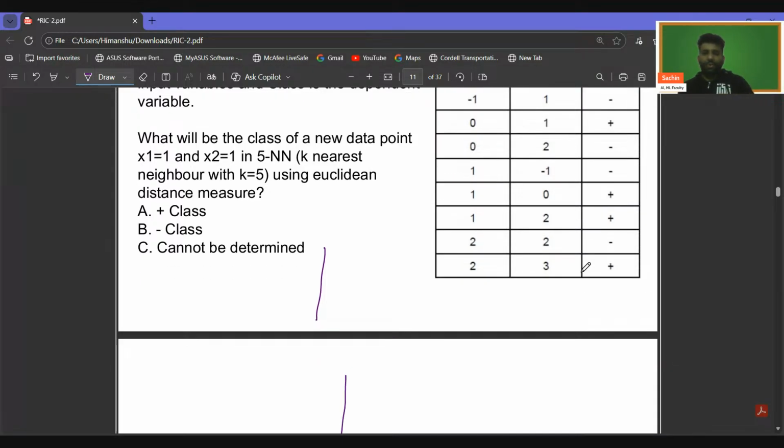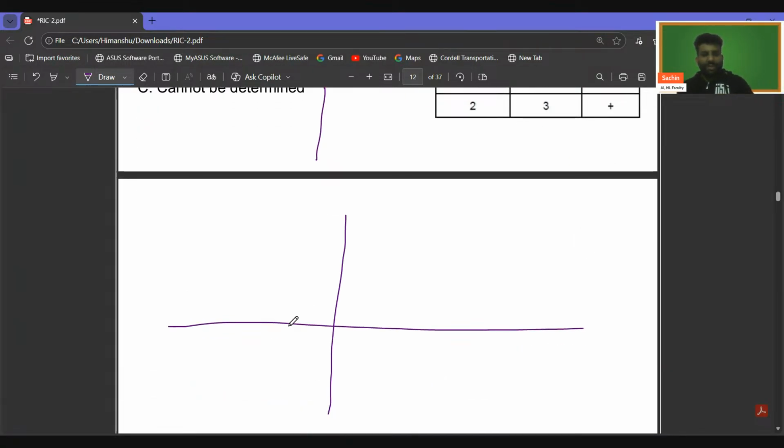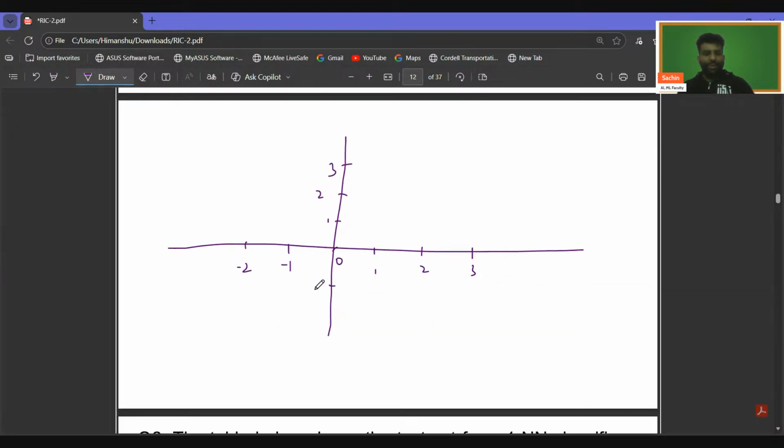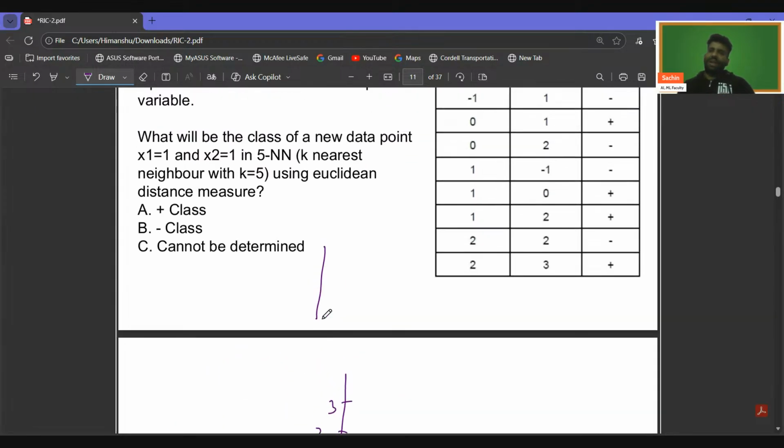Let me write -1, -2. Here we have 0, we have 1, we have 2, we have 3. And over here also we have 1, 2, 3, and over here also -1, -2, something like this. So what are the class labels we are having?